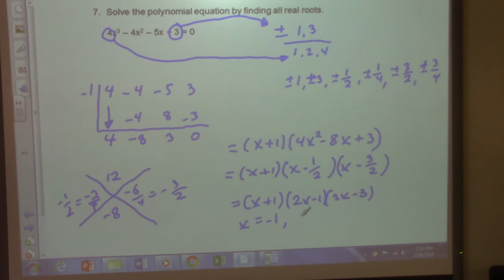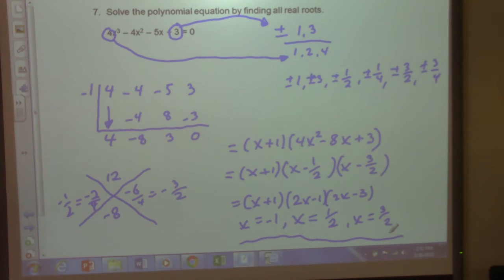What else? X is equal to 1/2. X is equal to 3/2. Okay, so that should get us all that, right? It's not that bad, is it?